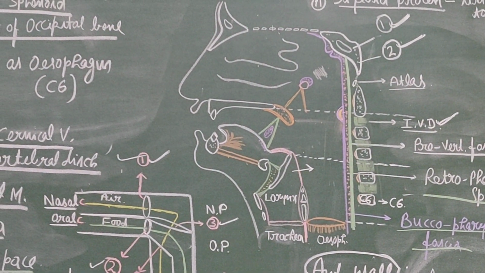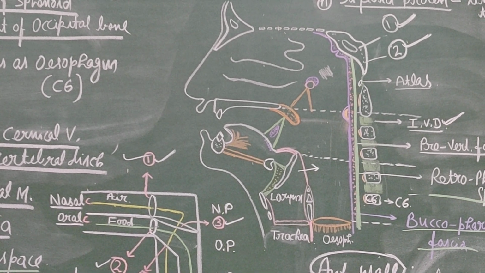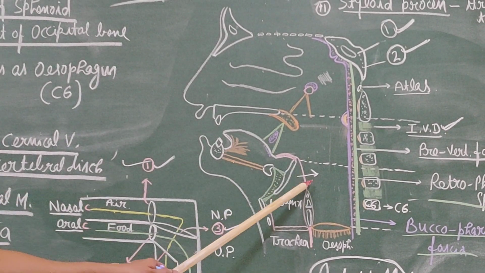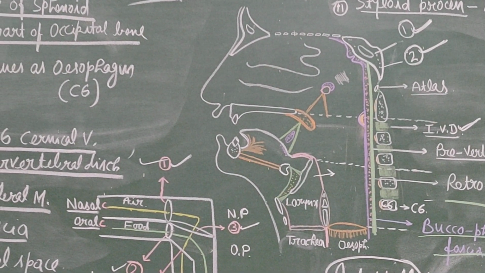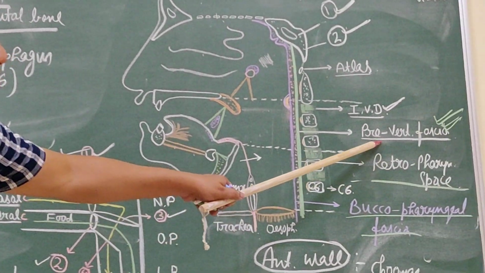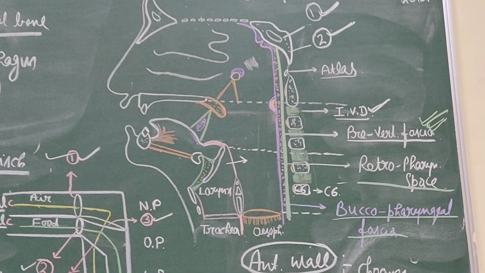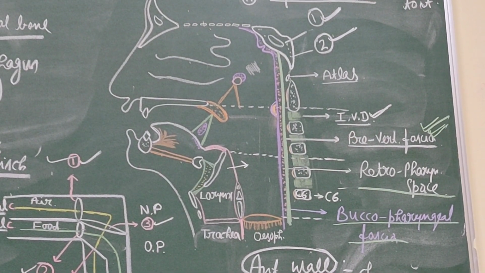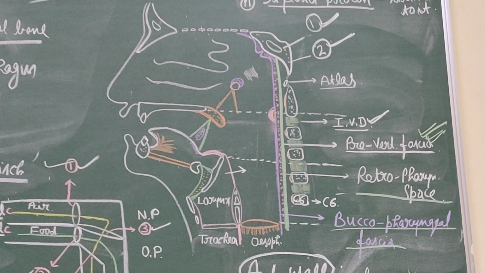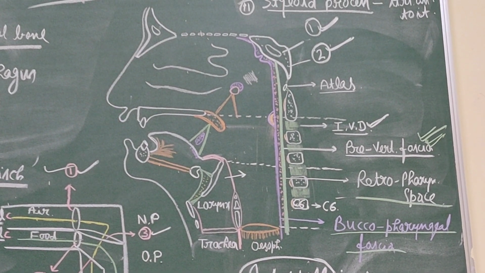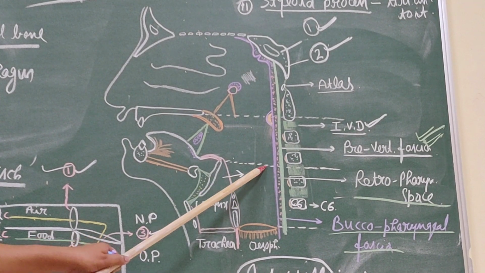So this retropharyngeal space, as the name indicates, is situated behind the pharynx, between two fasciae. One is the prevertebral fascia, which is the deep fascia of the neck, while the buccopharyngeal fascia is part of the pharynx.